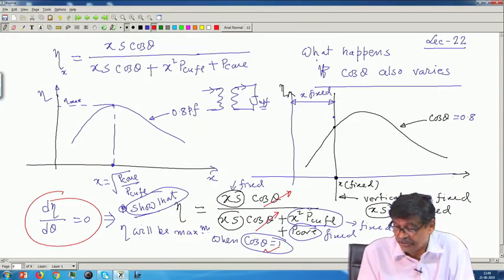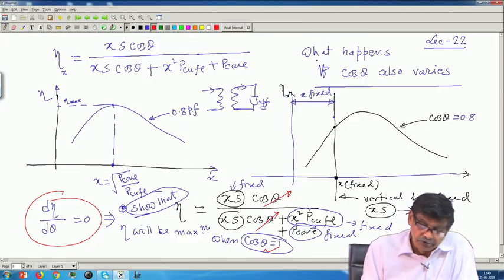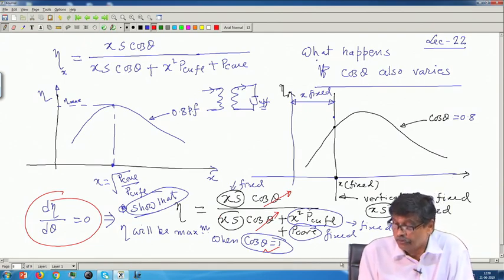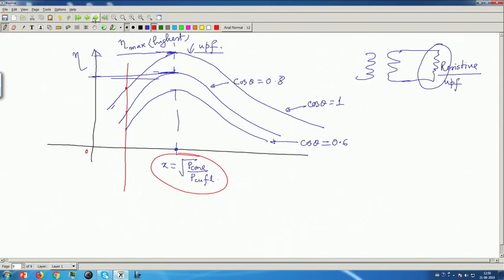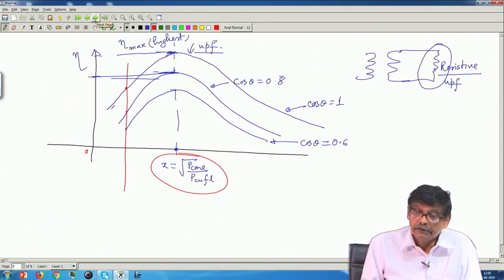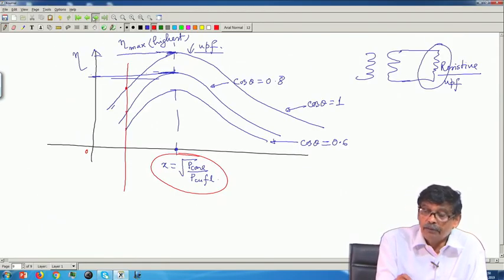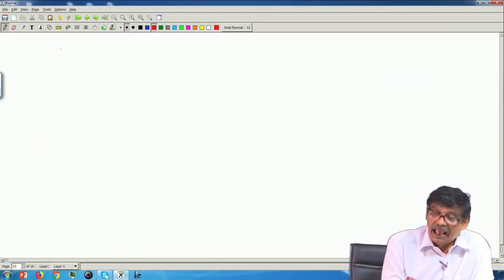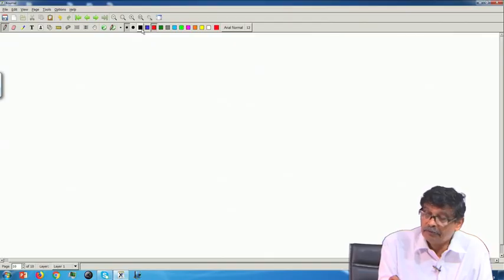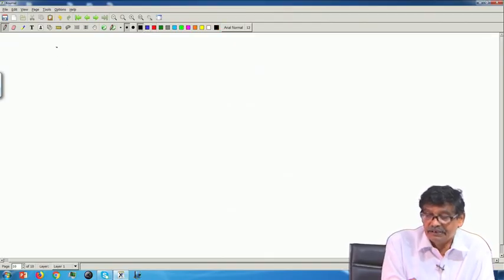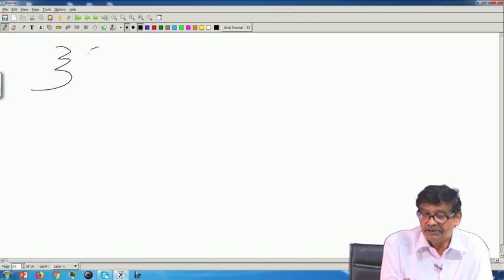Differentiate it, set it to 0 and come to the conclusion that if cos theta equals 1, the efficiency will be maximum. It is very interesting to note. So, that is all. Now, as I told you, suppose here is a transformer, a distribution transformer, say.